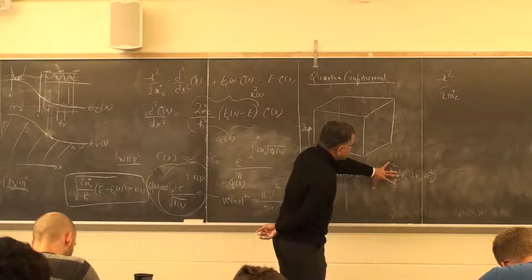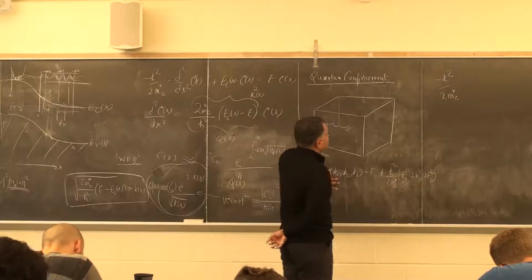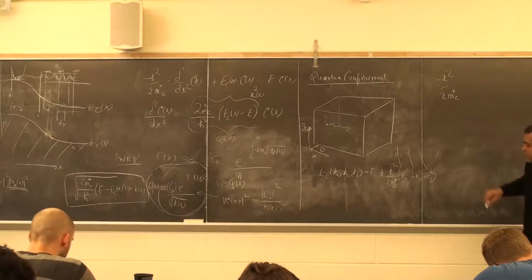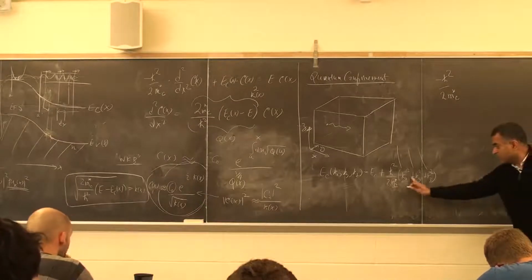So if this is your conduction band, now we are going to apply the effective mass theorem again, and again I'm going to replace these three by their d by dx, d by dy, and d by dz.